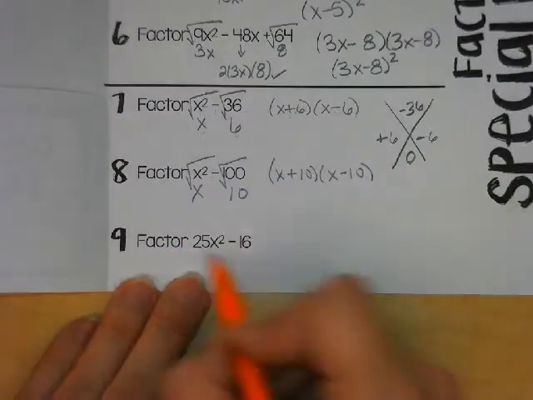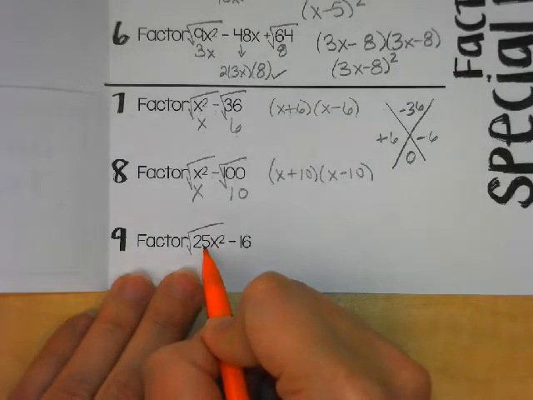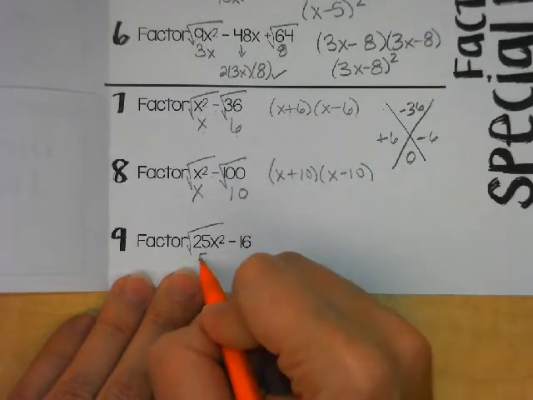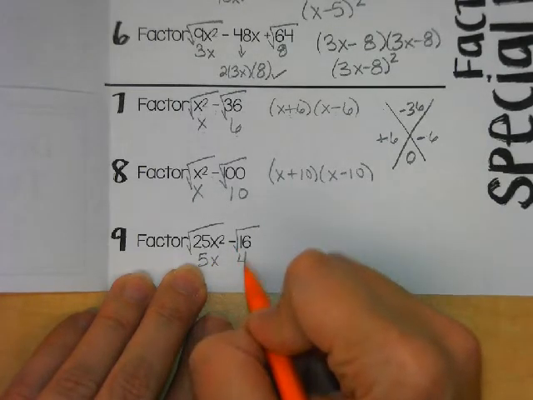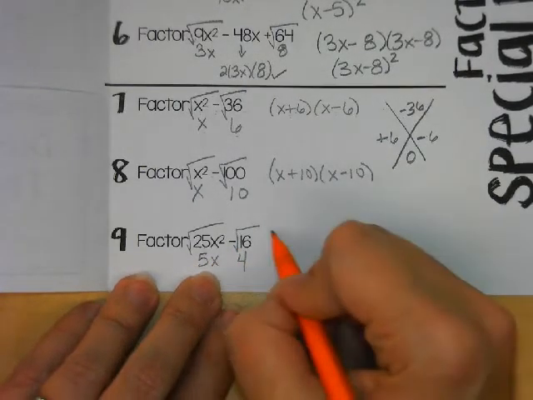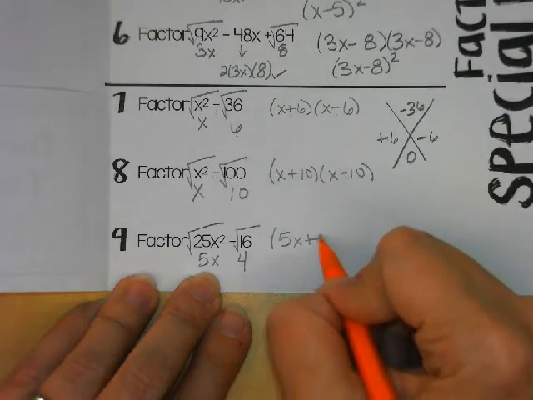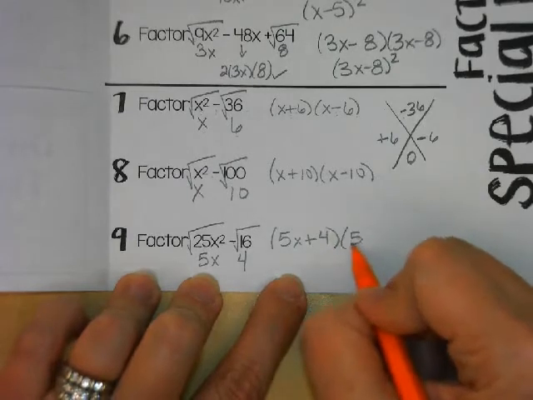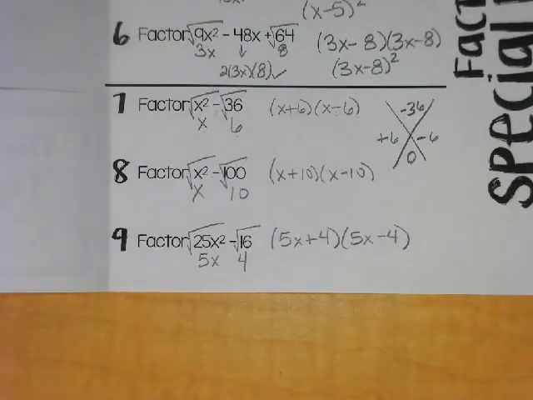This trick also works when a is not 1, as long as a is a perfect square. So square root of 25 is 5, the square root of x squared is x, the square root of 16 is 4, and again, c is negative, so I have different signs. I'm going to have one positive and one negative.